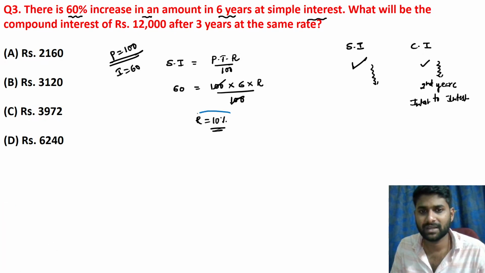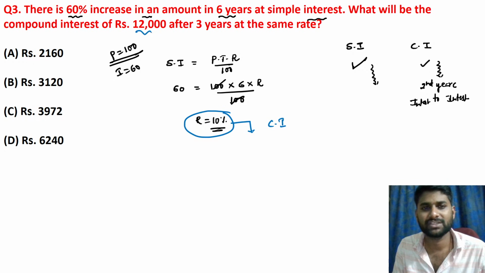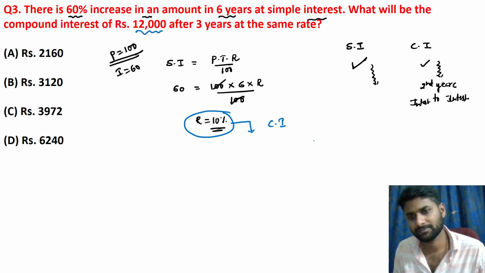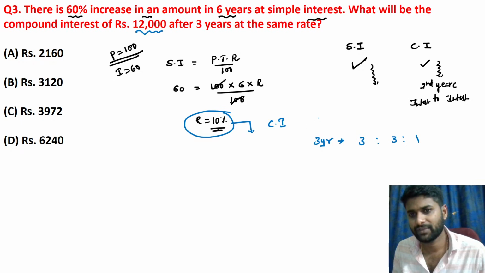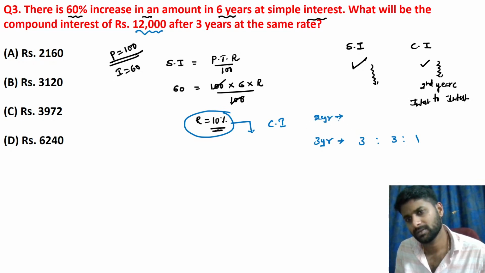Now with the same rate of interest, if I deposit that amount in compound interest, the person earns 12,000 compound interest for 3 years. Here for 3 years, the ratio of compound interest is exactly 331, and for 2 years, 21.